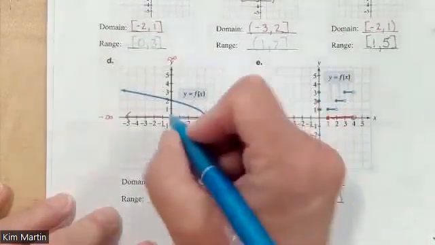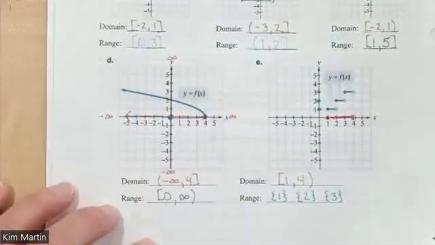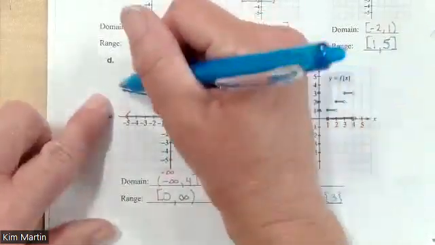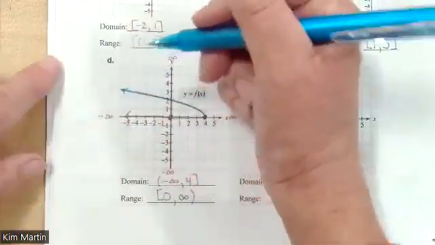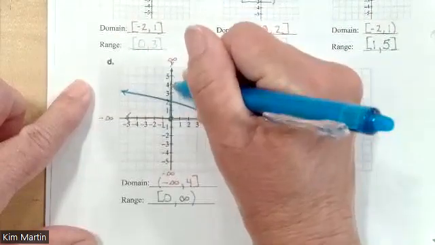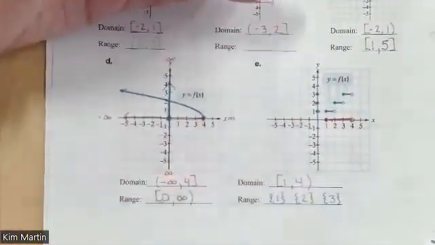Now for your range, we started here. That was the lowest Y value, a 0, where there's nothing down here. And this continues to go up, right? So it's going to go to positive infinity this way. For the range, you read it from the bottom to the top.